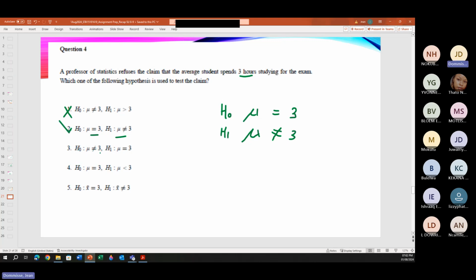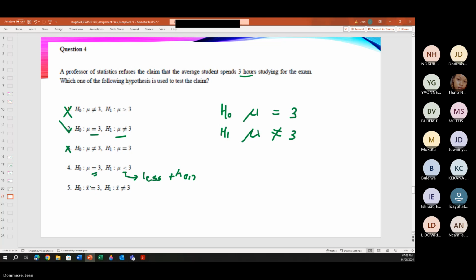Here it should have been read: a professor of statistics claims that the average student spends less than. If that was the case, it should have said something like less than and not just different.